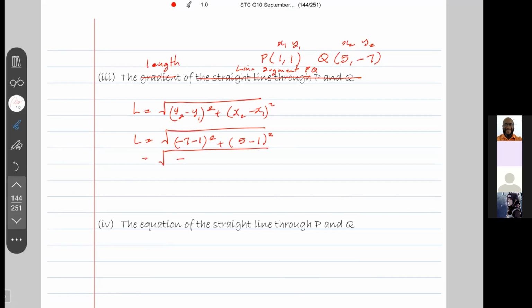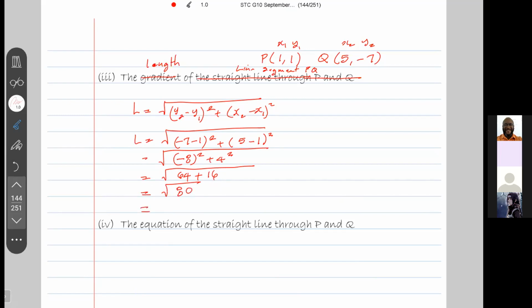This is (-8) squared plus 4 squared. Minus 8 squared means minus 8 times minus 8, which is positive 64. And 4 squared is 16. 64 plus 16 is 80. So this is the square root of 80.